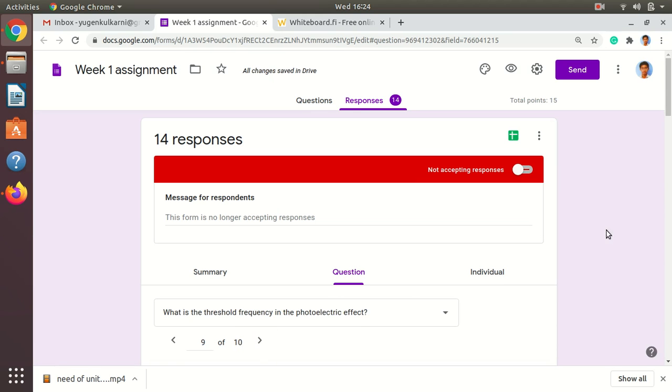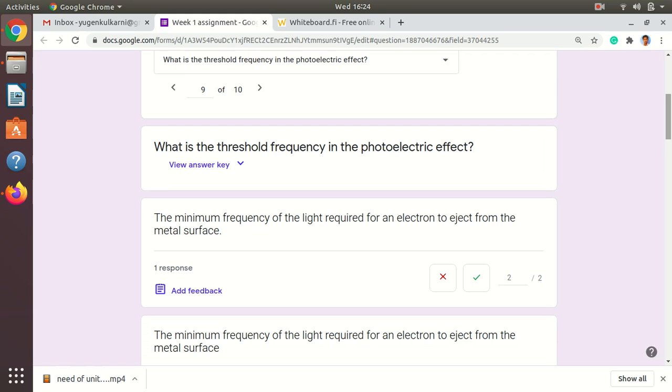Okay, then the next question was, what is the threshold frequency in the photoelectric effect? Here basically you can write the definition or you can explain it a little bit in your own words. That was the idea. Some of you have tried in very different ways, some of you did very well.